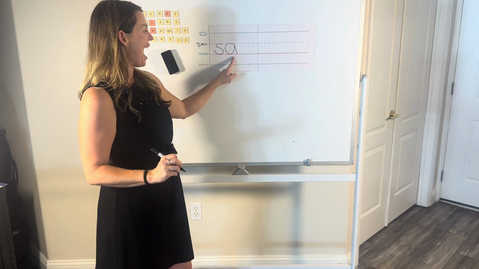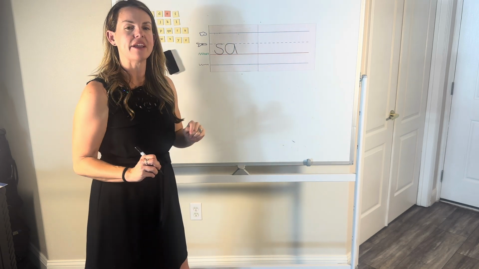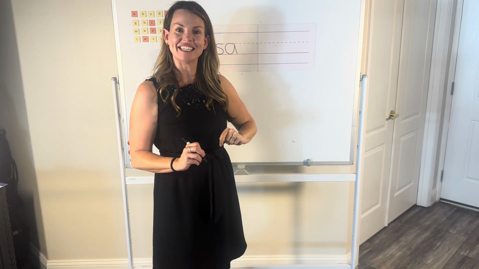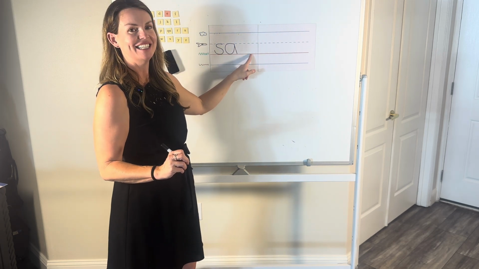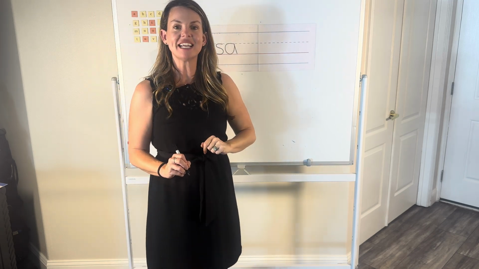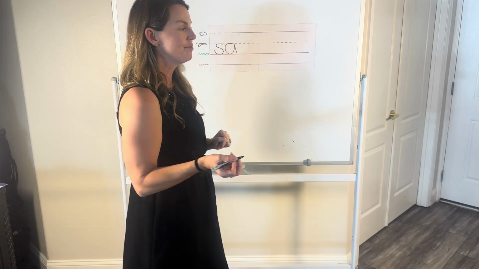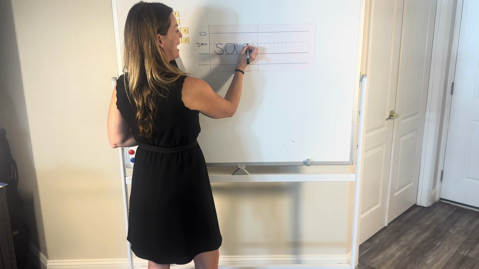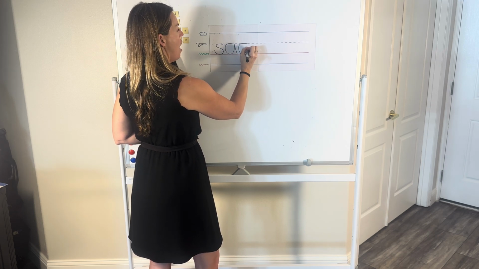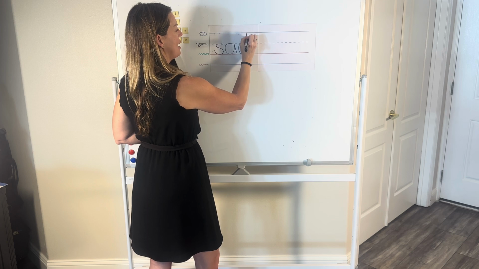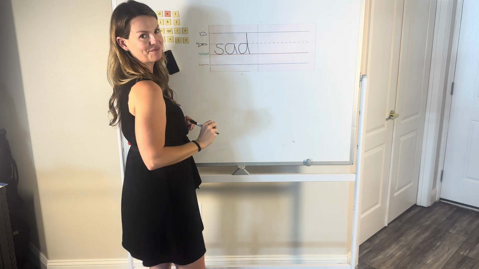What is the ending sound that we hear in the word sad? D. What letter spells D? D starts on the plain line. It curves around all the way up to the sky and back down.